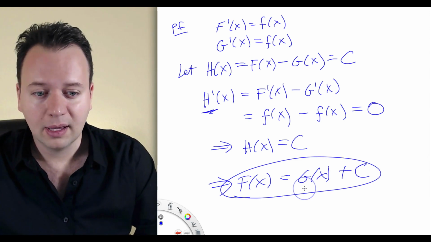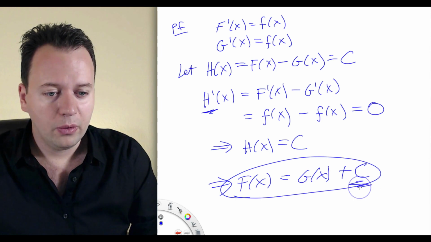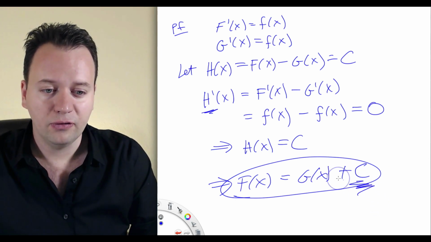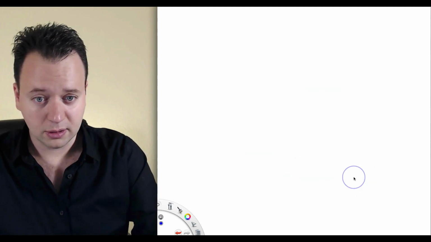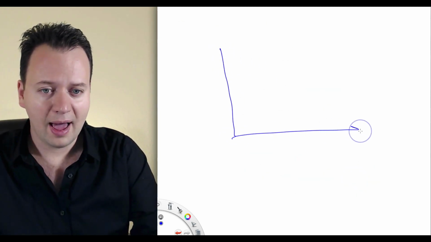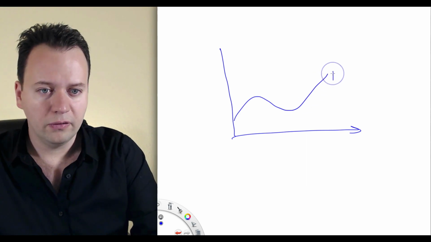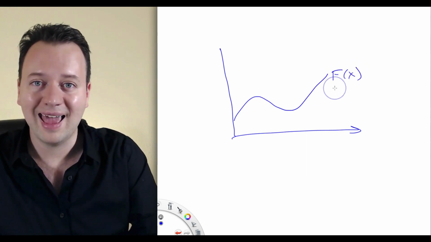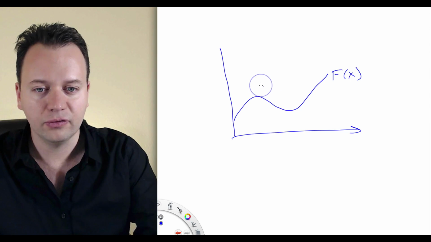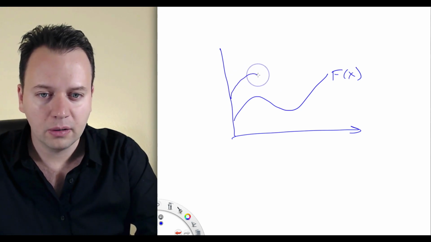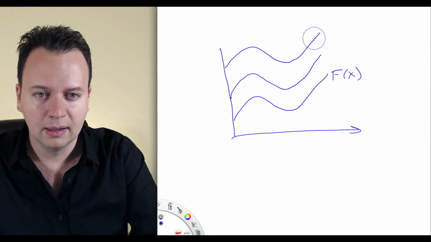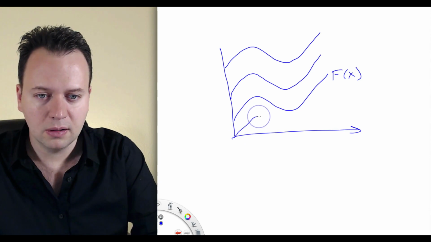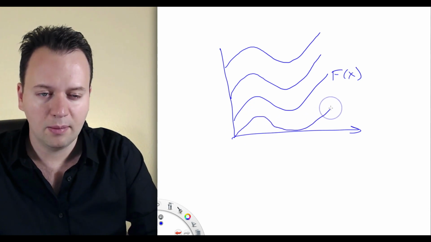Now what does this look like graphically? Recall that when you add a constant outside of a function, it represents a vertical shift or a vertical translation. So if we have the graph of capital F of x, suppose this is an antiderivative for some function little f, well, every other antiderivative is going to look exactly the same, except it's going to be shifted up or down by a constant.